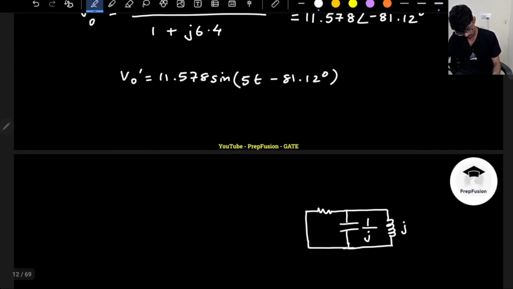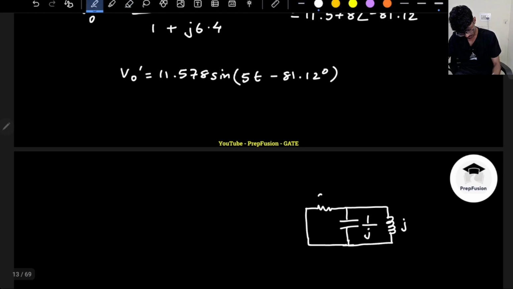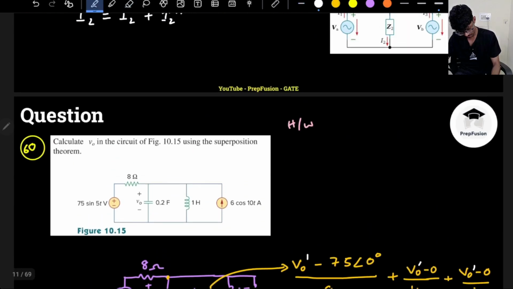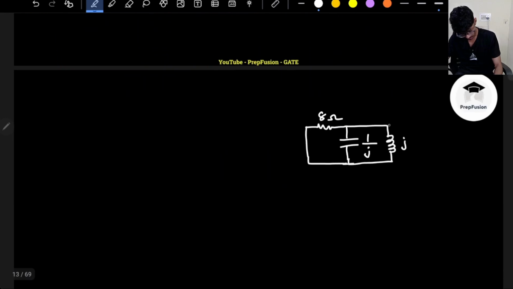R is 8 ohms, and the current source is here. So I will assume cos.